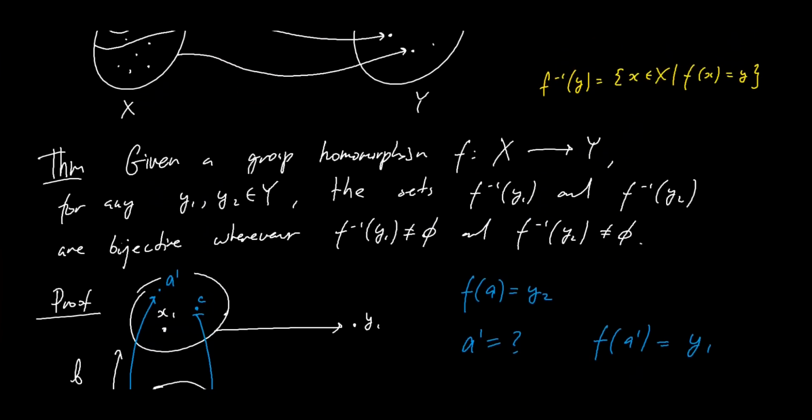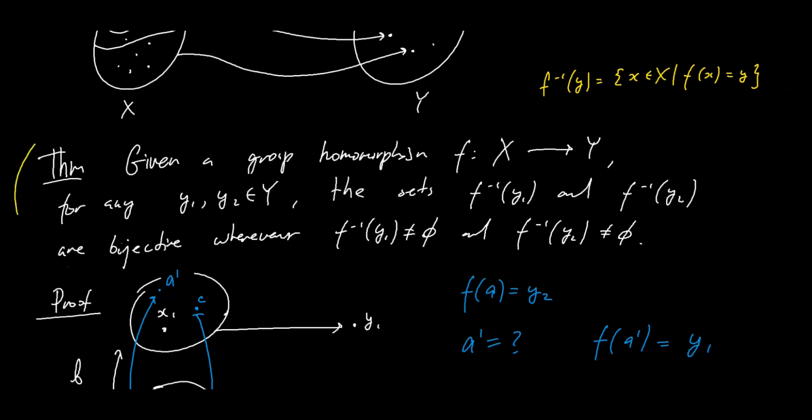Now remember that there is one special element. The special element is the identity element. So we could pick one of these to be the special element. The inverse image of the identity element, in other words, will always be non-empty, because identity at least will always map to identity.